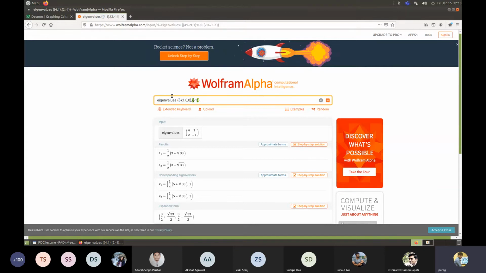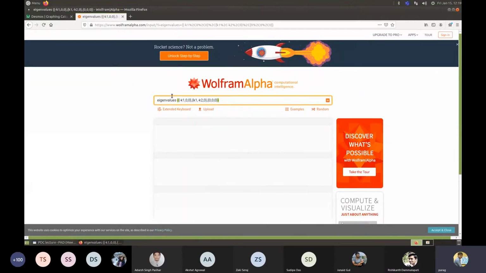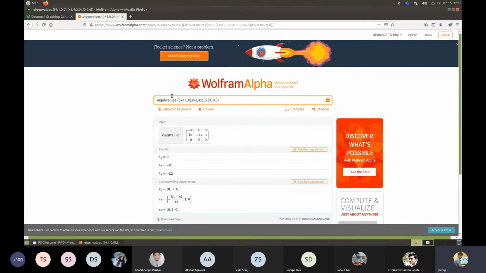Then it was K1, minus K2, 0, and finally what was it? 0, K2, 0. Okay, so I'll put this. Let's see if the matrix is correct the way it has interpreted it.